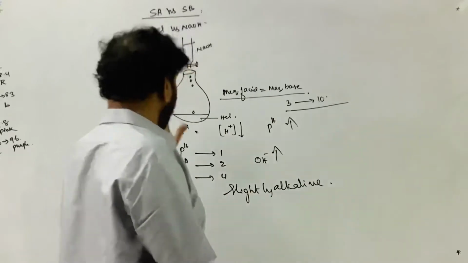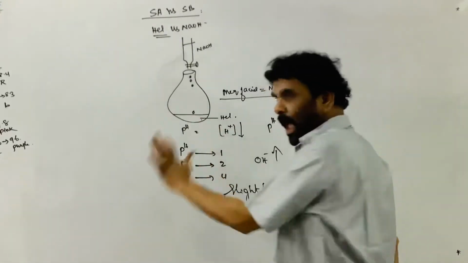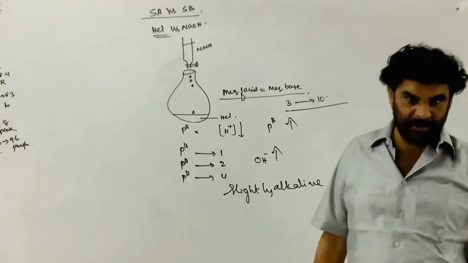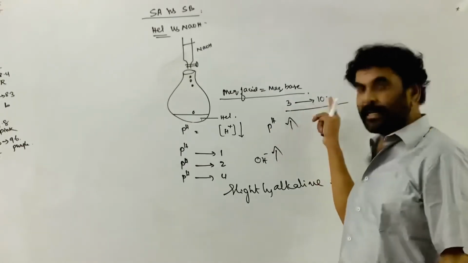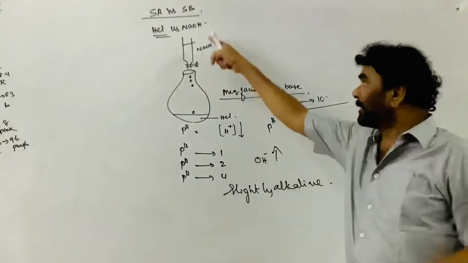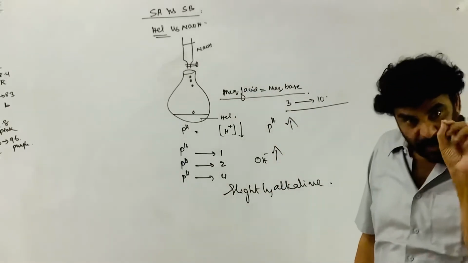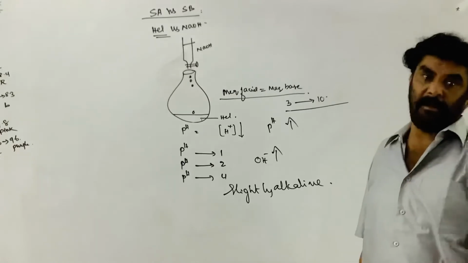Therefore, at the end point, I am not able to go exactly to the equivalence point where the solution is completely neutralized. The sodium hydroxide titrant is in excess. How much excess? By a fraction of a drop.